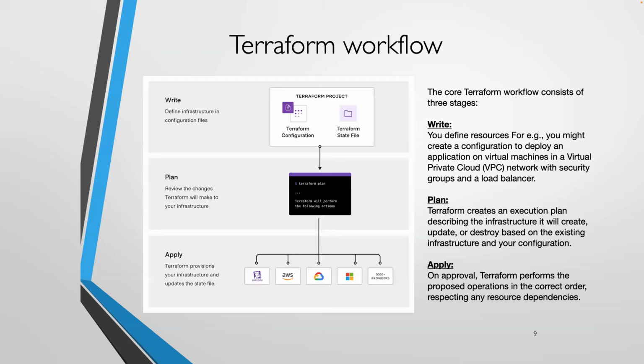And then you also have your Terraform state file. That is where Terraform would update all the infrastructure changes, and that is where it would also read the current state of your infrastructure by reading the Terraform state file. And then whenever you execute, it would compare the current state with the target state, and then it would actually create the infrastructure.